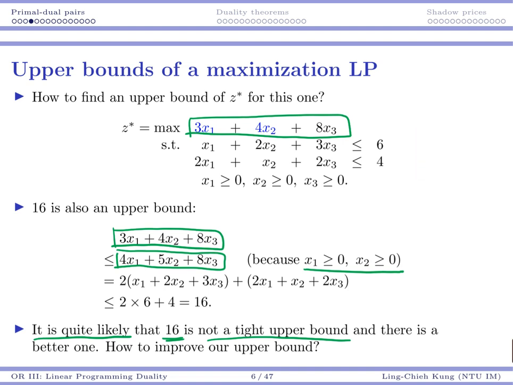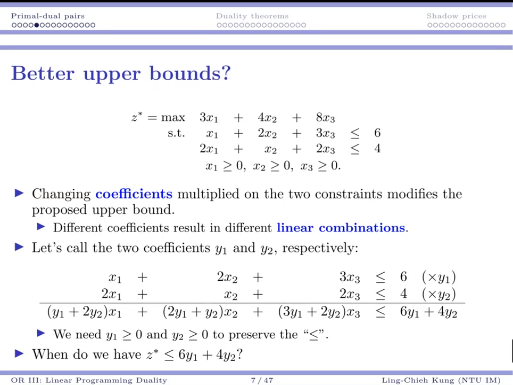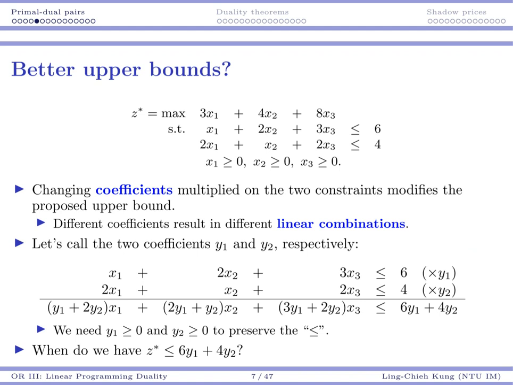So maybe we may look for some other set of coefficients to do the combination of these two constraints so that the result is closer to our objective function. Well, we may try it. So we may try to change coefficients multiplied on the two constraints to try to create a better upper bound.